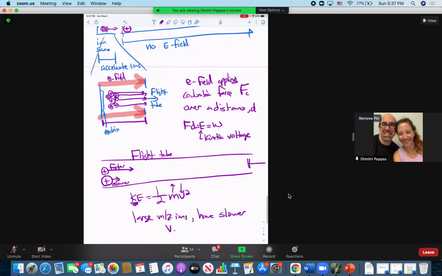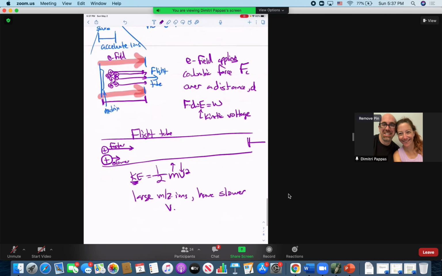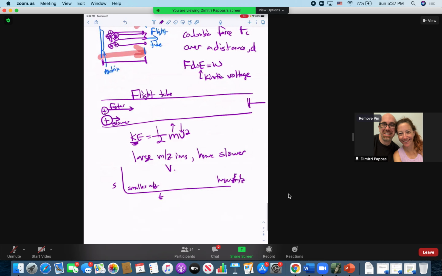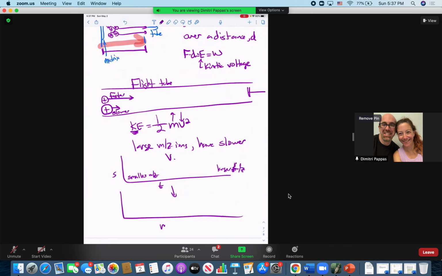And so if you're measuring time and signal, smaller m over z arrives first, larger m over z arrives later, and then we calibrate that using standards to produce a mass spectrum, m over z and signal. So you would get peaks as a function of time, let's say. I'm trying to draw the same peaks. We just convert it to a mass over charge scale after we measured the time.